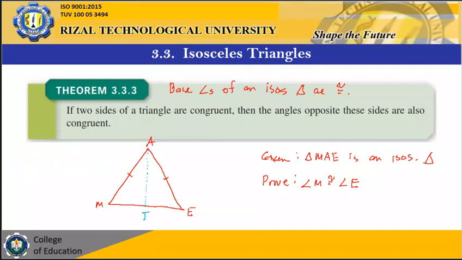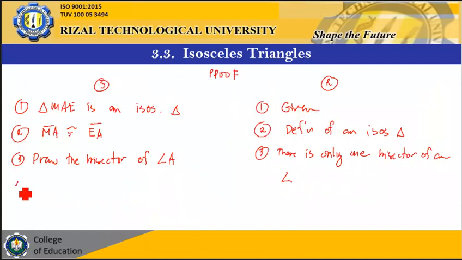So, since segment AT is already the bisector of angle A, and we know that it divides the angle into two congruent angles, we can say that angle MAT is congruent to angle EAT. And that is because of the definition of angle bisectors.